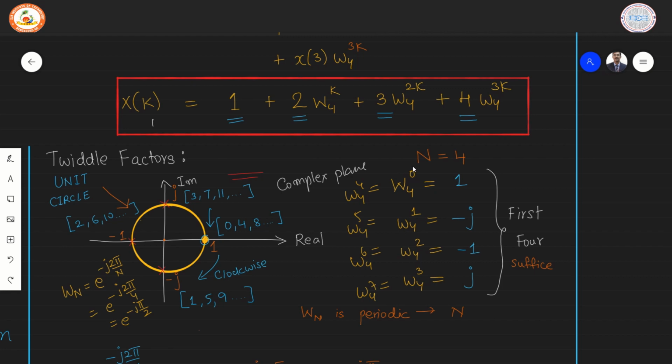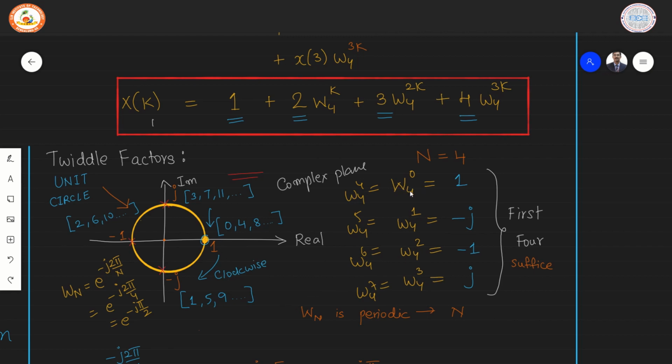I repeat, for capital N equal to 4, it is sufficient to calculate the first 4 points. But for illustration purpose, we have gone a little bit further just to show you the entire way of calculating the Twiddle factor.